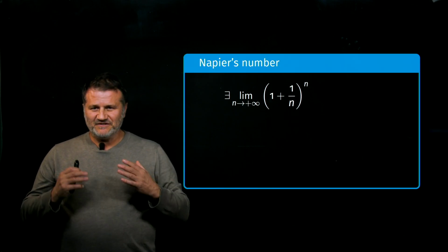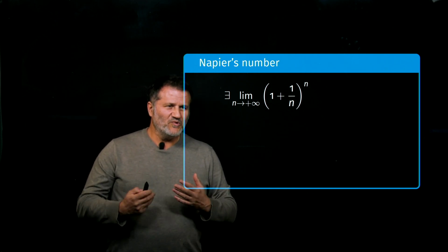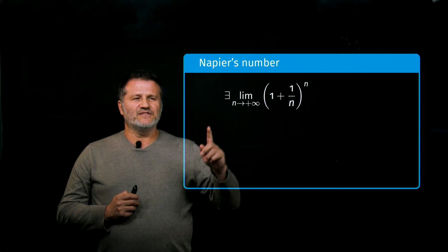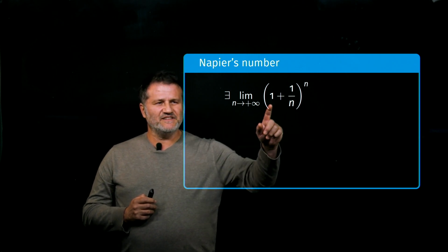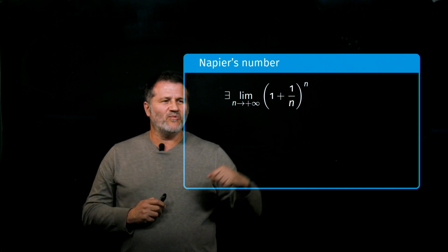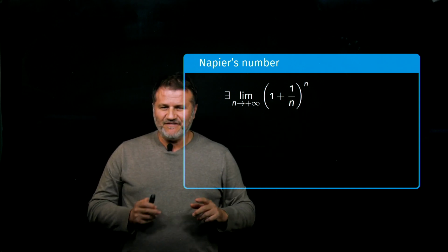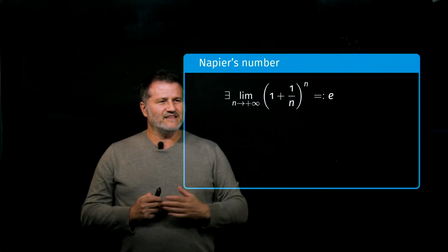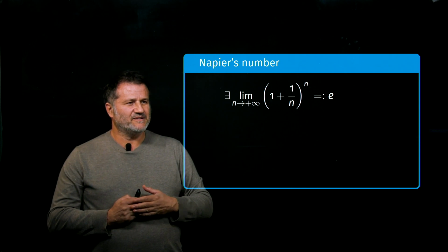So it is not a trivial result, then, to prove that the following facts hold. First, there exists a limit when n goes to plus infinity of (1 plus 1 over n) to the power n. This is the case r equal 1. This limit is finite and defines a number denoted with the letter e, which is called the Napier number.